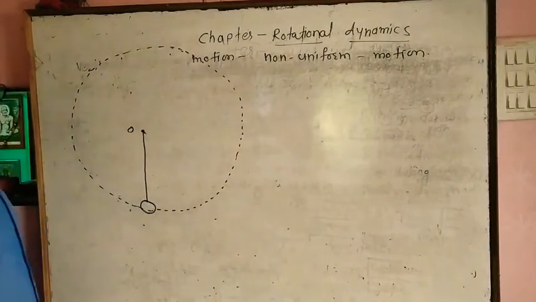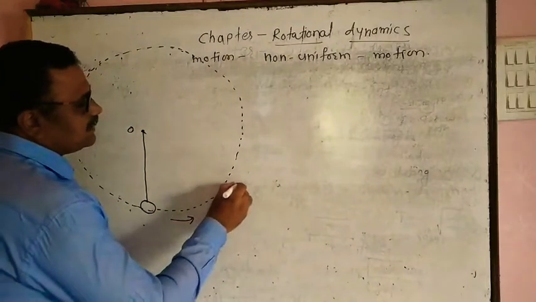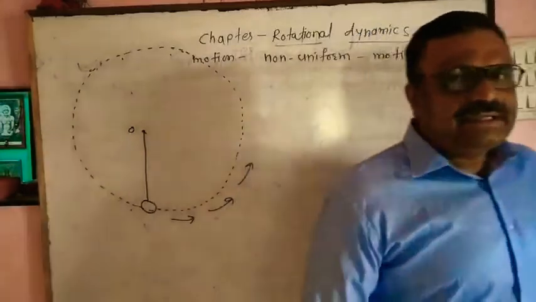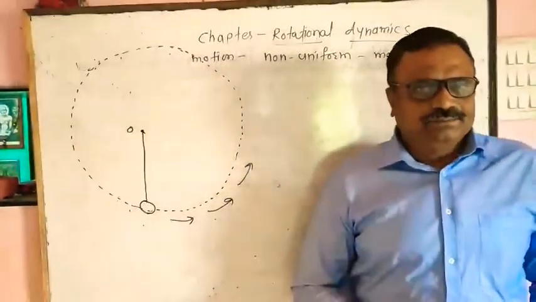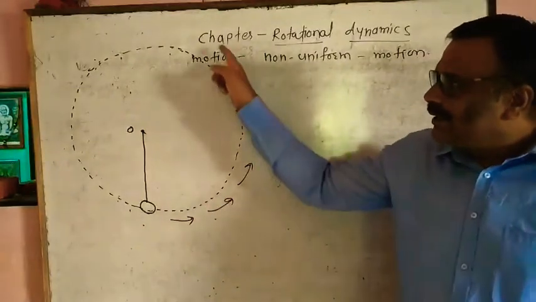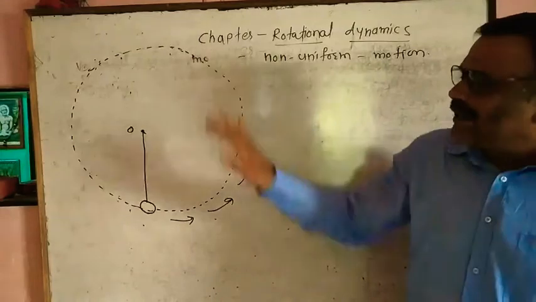Now we observe that when the stone is moving in the vertically upward direction, the motion of the stone is against the gravitational field, and therefore the velocity of the stone goes on decreasing when it is moving upward.